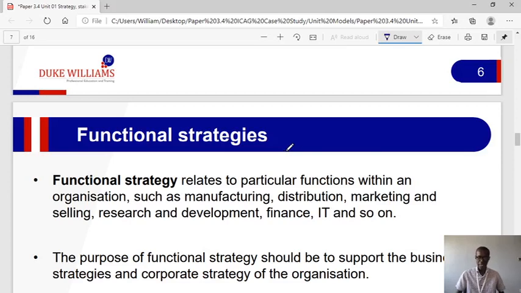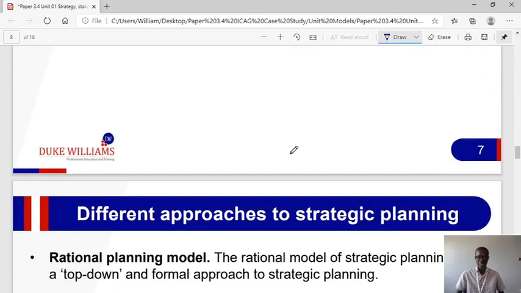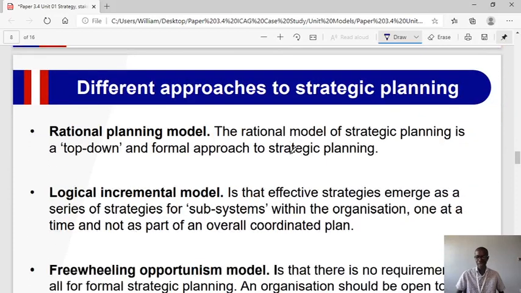Now, having looked at these levels of strategies, let's then look at the different approaches to strategic planning. When an organization is considering strategic planning, what are the different approaches?